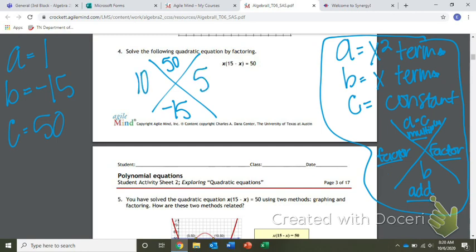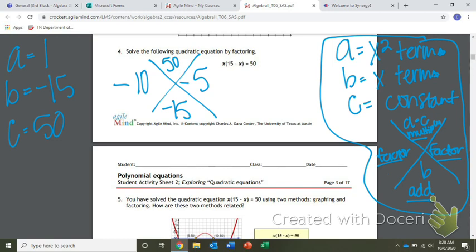A 10 and a 5. But is something going to have to be negative? Because if I add a positive 10 and a positive 5, I get a positive 15, and I need a negative 15. So I think both of them need to be negative, because remember, a negative trumps a positive.